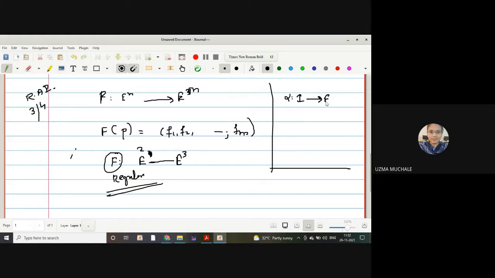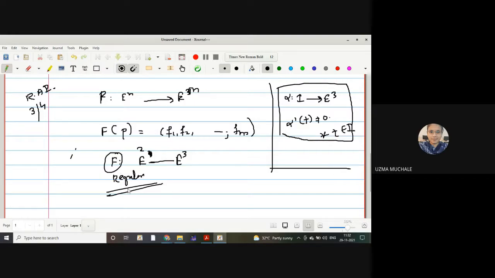Alpha is a function from I to E3. Alpha is said to be a regular curve if alpha dash of t is not equal to 0 for all t belonging to I. Later on, I will show you the similarity between curves and surfaces. At that time, you must know this. What is a regular curve?